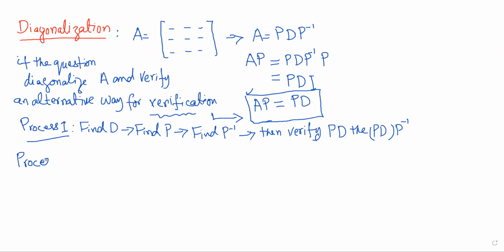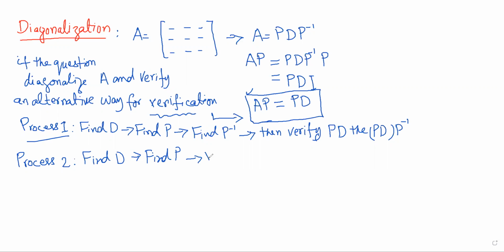But in process two, you will find D, you will find P, and then you will not find P inverse.